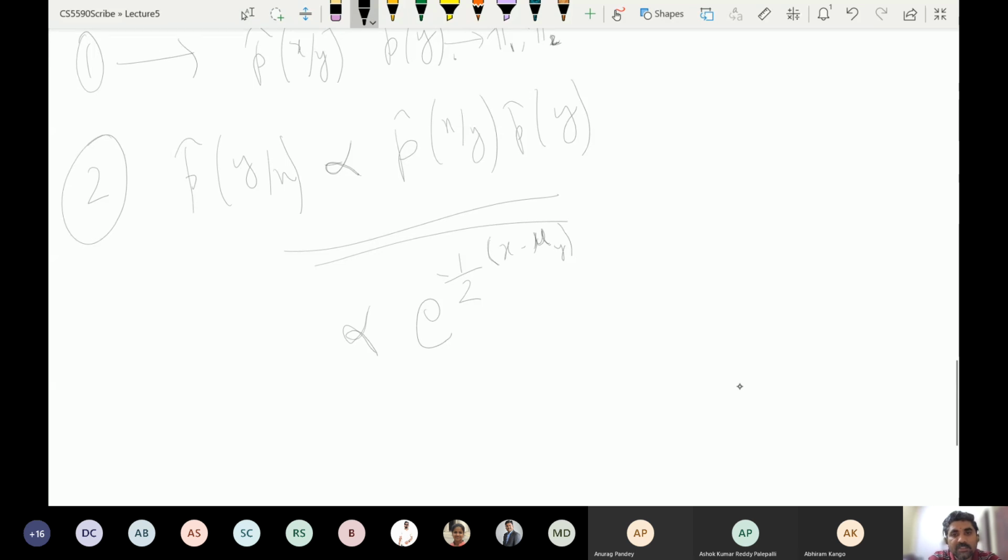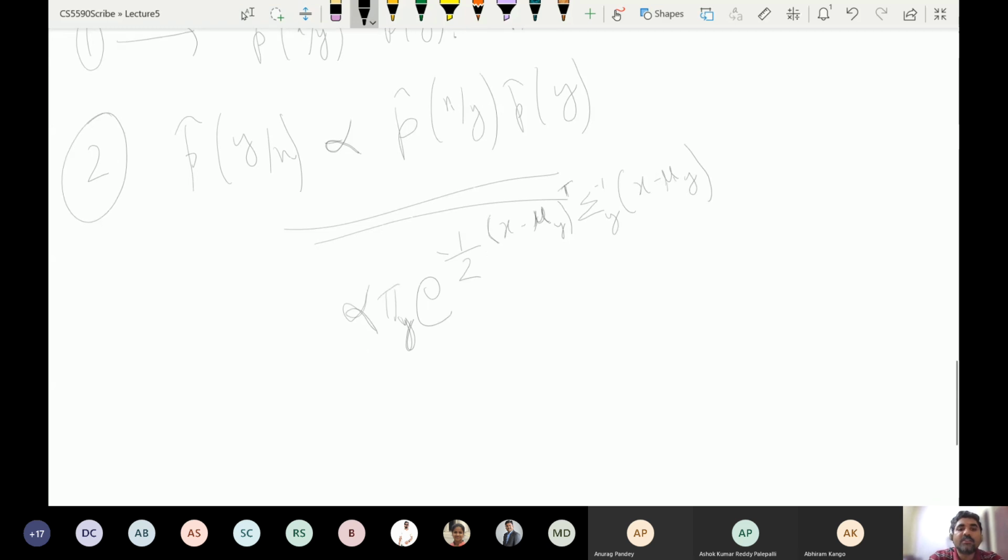What do you mean by square of a vector? So it's transpose, right? Yes, sir. So this, right? Into p y. If it is class y, it is pi y, right?